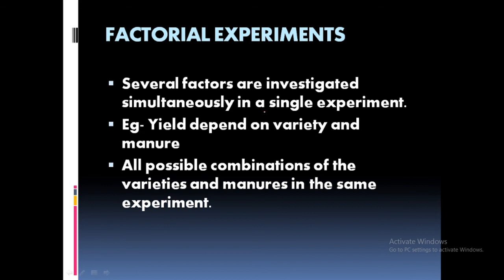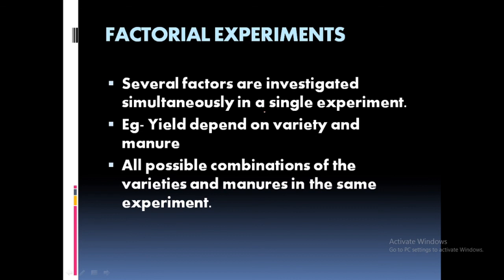and also these are observed usually in the agricultural field, and this is usually conducted for combinations of varieties and manures, doing such experiments in the same experiment. Okay, and for example, if there are p different varieties, that is p levels of the factor variety, and the second factor manure has q levels, so there are q different manures, then the factorial experiment will be known as p into q experiment.